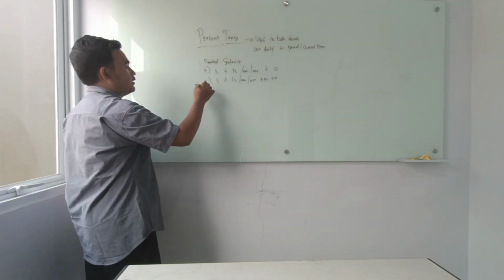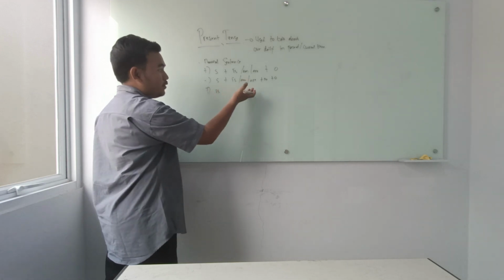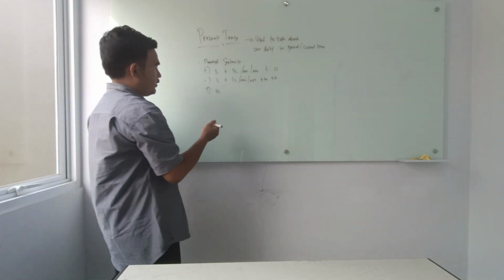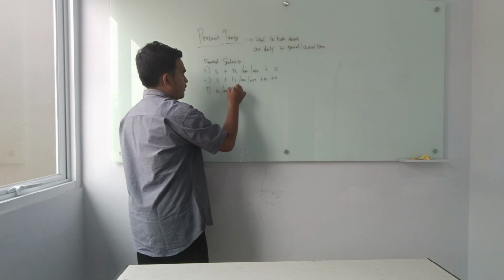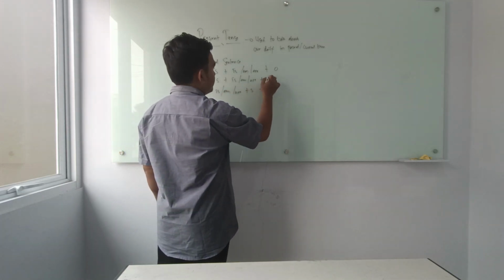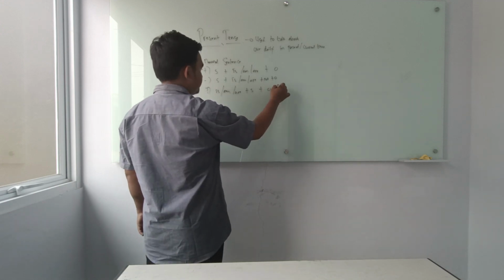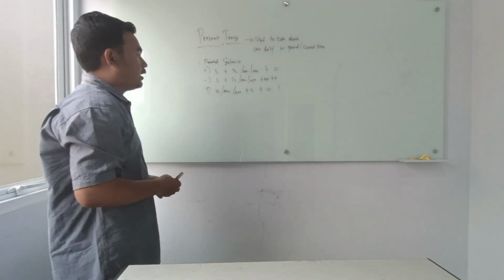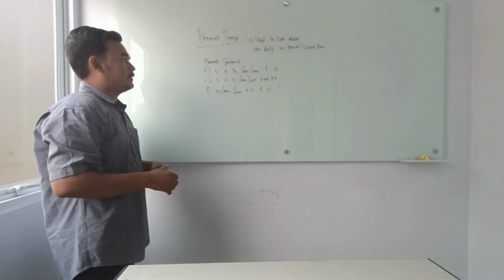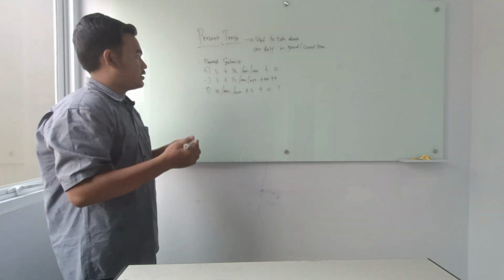And in an interrogative, we put is or are in front: is or are plus subject plus object.